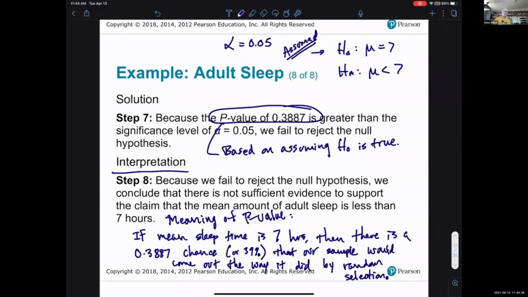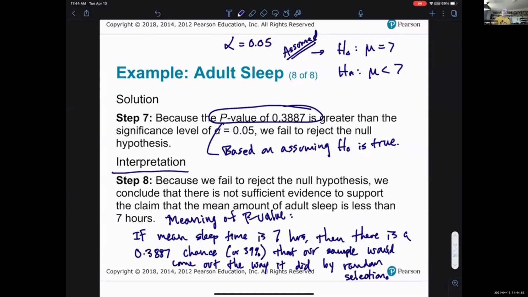And since that's not unlikely at all to occur by random chance, your sample is not a reason to believe that people get less than 7 hours of sleep, because it's very easily a sample that you could get if people got 7 hours of sleep.